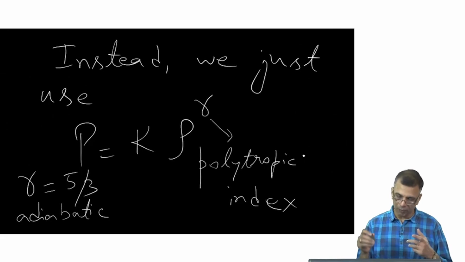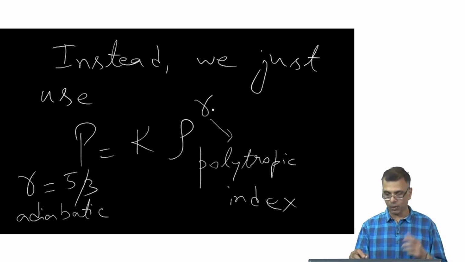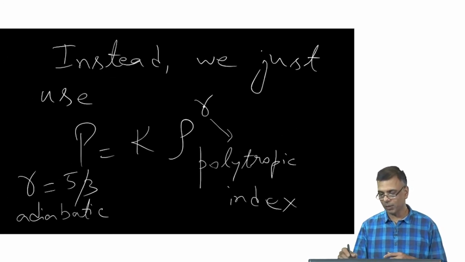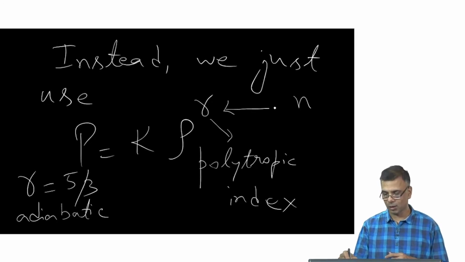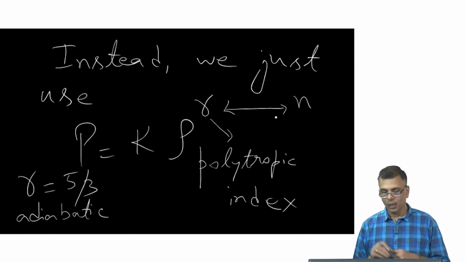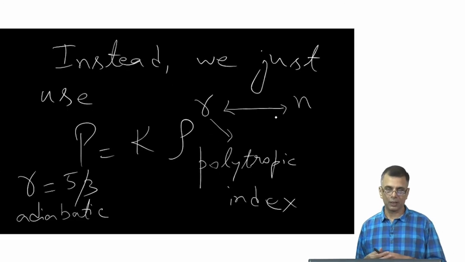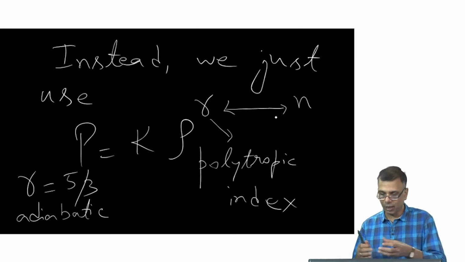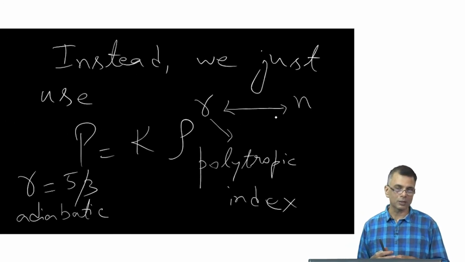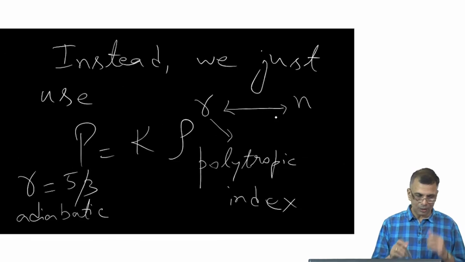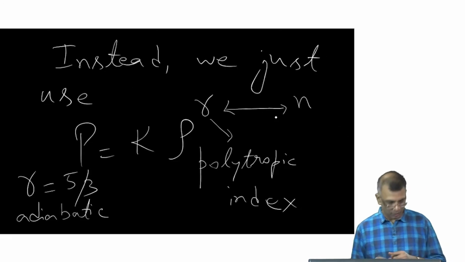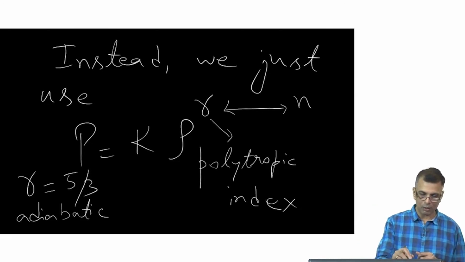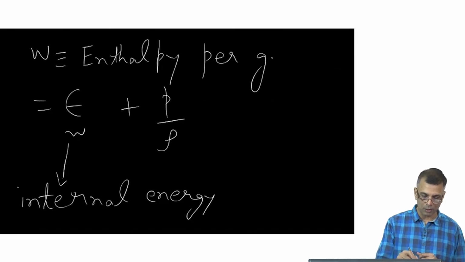The only thing is, often the polytropic index is not denoted by gamma, it's denoted by n. Okay, so like so. So all the physics of energy generation or dissipation or what have you is encapsulated in this polytropic index, right?